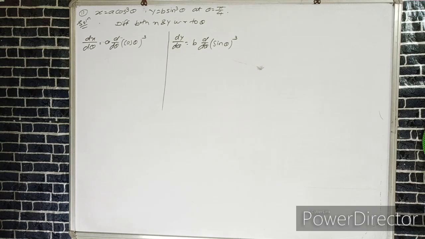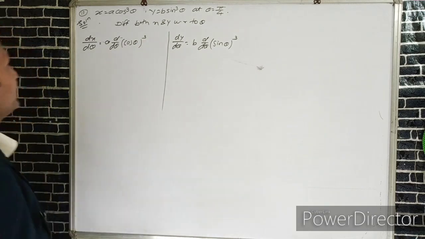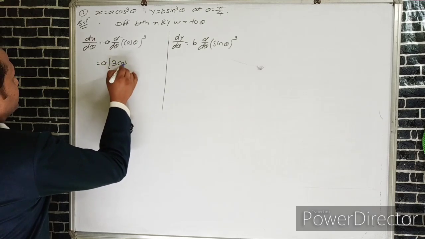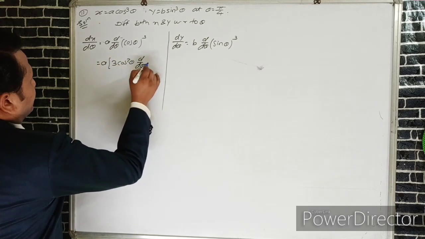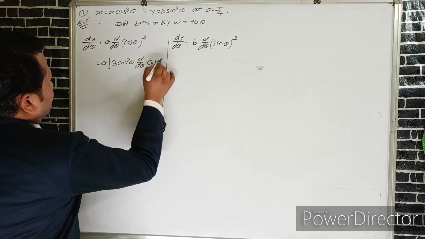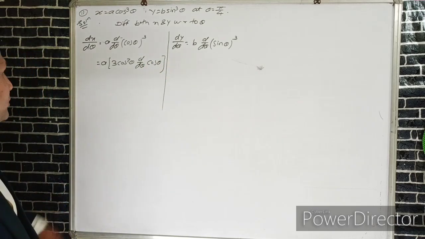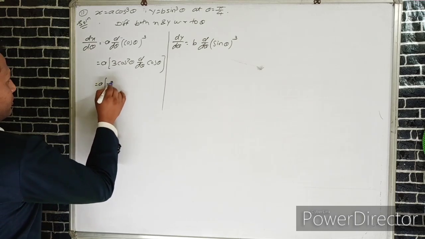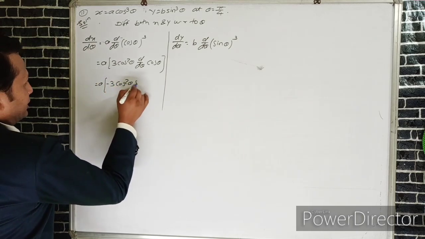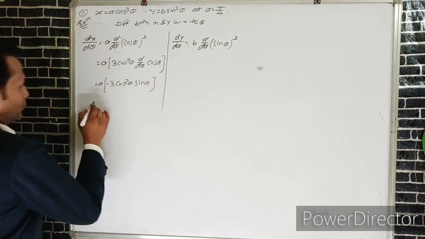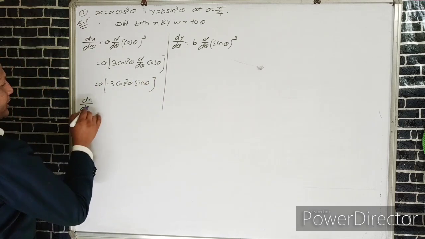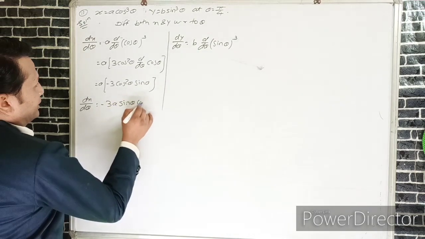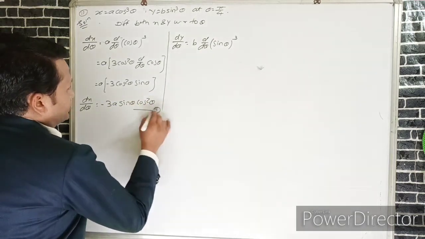Here if we apply the derivative of x raised to the power n, then we can write a into 3 cos square theta, and again the derivative of cos theta, which is minus sin theta. Hence we can write a into minus 3 cos square theta into sin theta, which is dx upon d theta is equal to minus 3a sin theta into cos square theta, which is number 1.